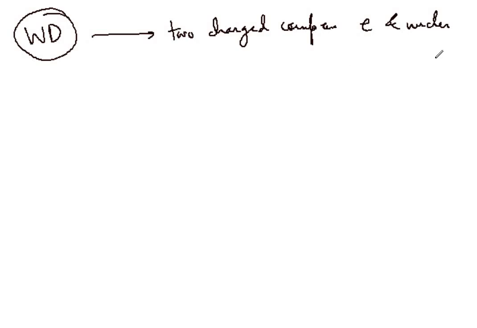Right. Now, these balance each other such that the total charge of the white dwarf basically vanishes.